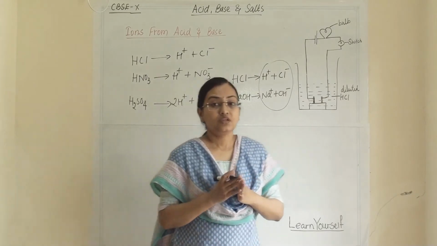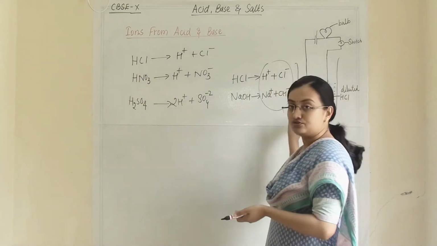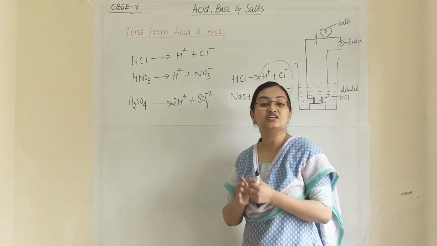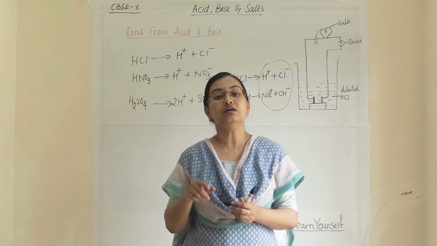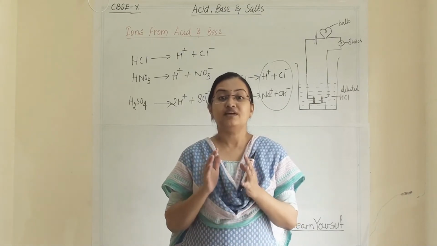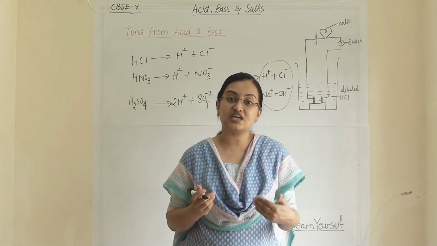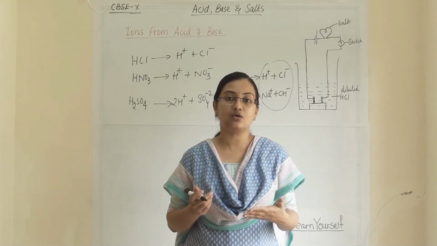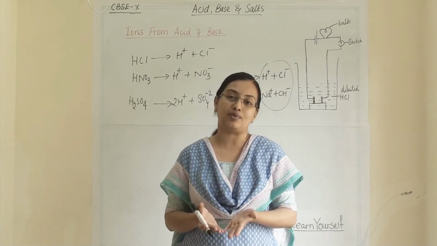So when acid and base we are taking as a medium of electrolytic solution, then only it is possible that electricity will pass through a circuit. But whenever you are taking a compound which cannot dissociate and give us ions like alcohol and glucose, in that case the electricity will not pass.